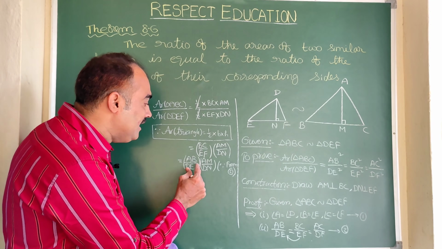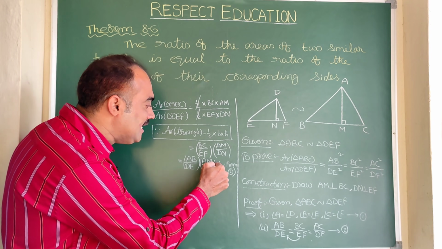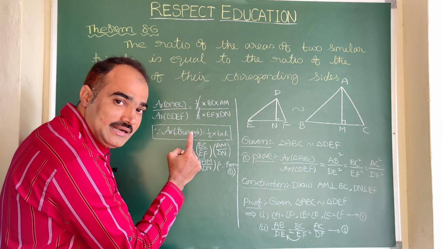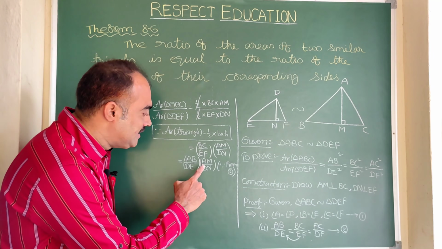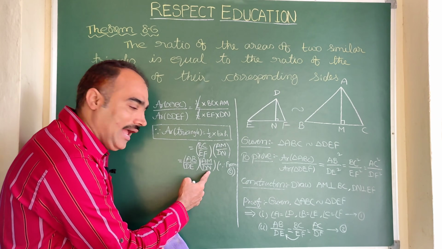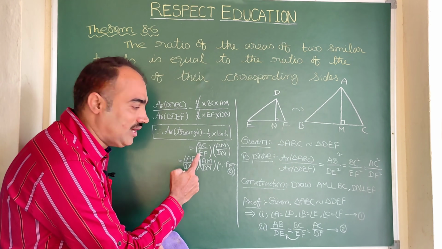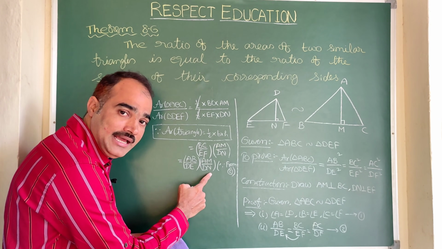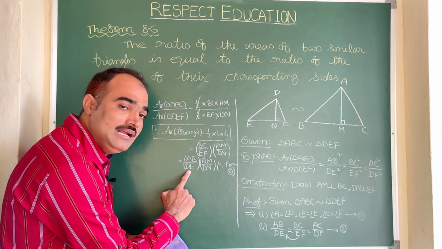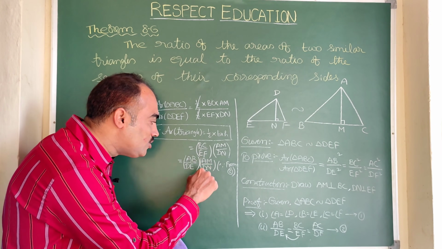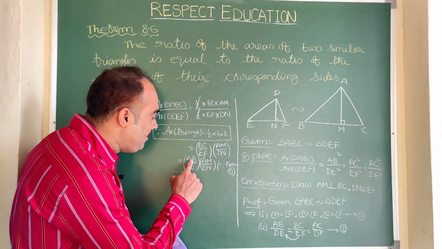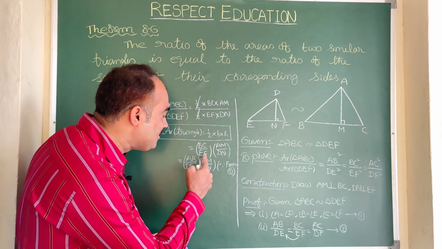Listen very carefully, children. If you are able to write AM by DN as AB by DE, then this also becomes AB by DE. Then AB by DE into AB by DE is AB square by DE square.